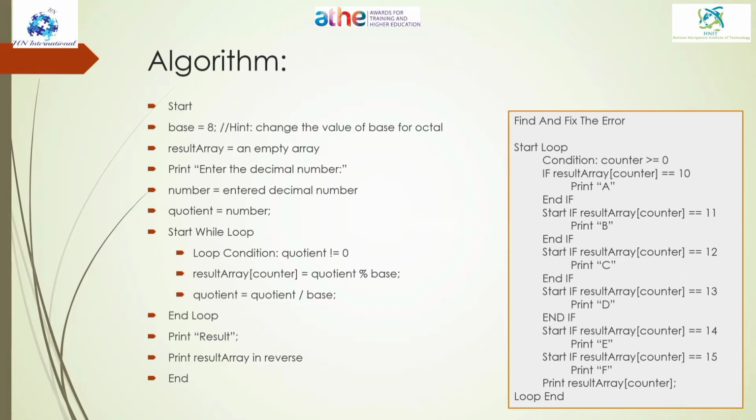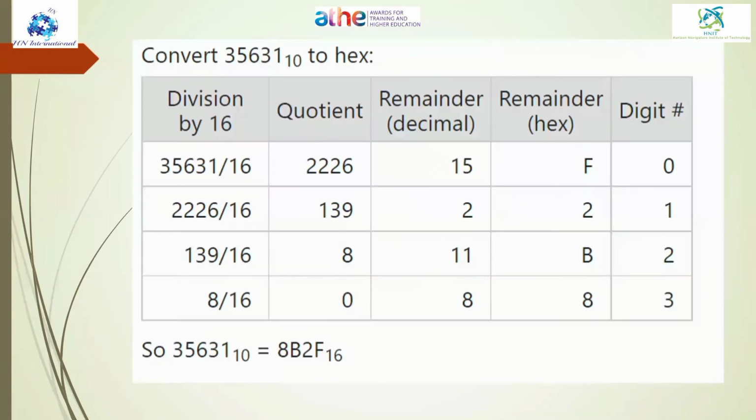Anyone? No, sir. Can you do this with us, please? Actually, I don't know how to convert it to hexadecimal. It's simple. Just keep dividing the number by 16 until we get a quotient of 0 here, and we keep a record of the remainders just like binary.